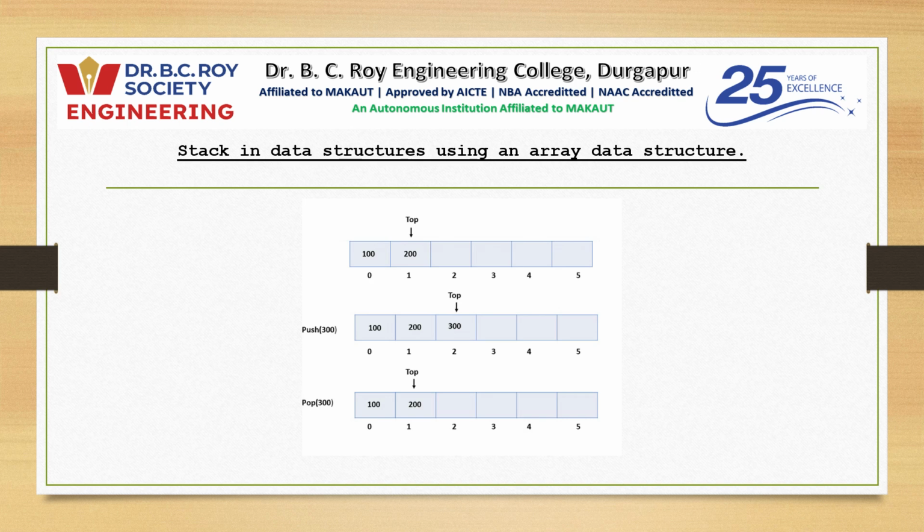Over here you can see it. Here all the operations that are performed will be using the array. So you will see how all the operations can be implemented in the stack data structure. You can see it from the slide, from the picture, that first element is 100, second 200, next is 300. So in sequential order my elements are being stored.